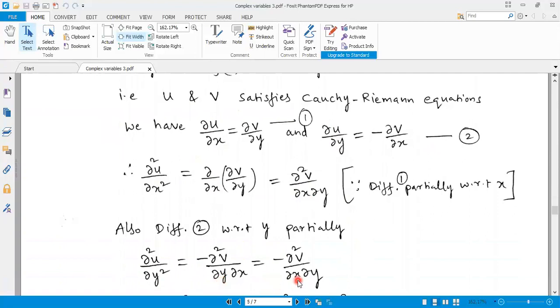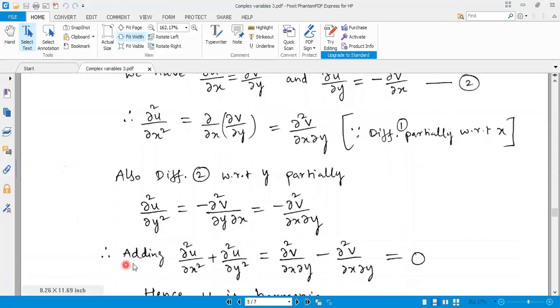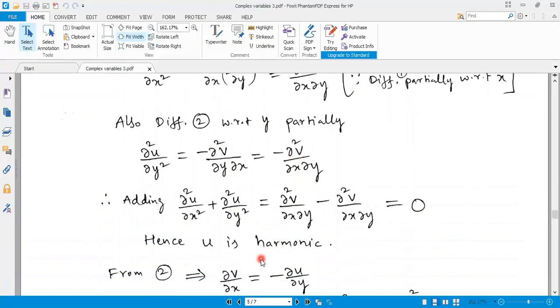So we can write it as minus dou square v by dou x dou y. Now adding the results, dou square u by dou x square plus dou square u by dou y square, the terms get cancelled and you get 0. Hence you can say u is harmonic.